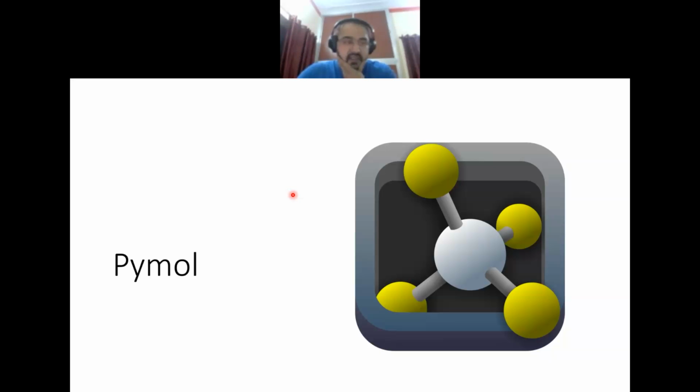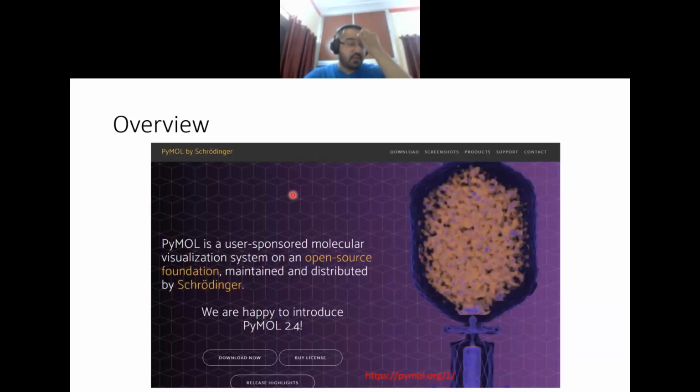Anyways, let's proceed with PyMol. PyMol is not exactly freeware; it's an open source software. It used to be freeware when it was with Delano Scientific. Delano is the developer of PyMol, but now it is owned by Schrodinger. You can download it for free and use it for a 15 day trial, after which it will ask for a license.